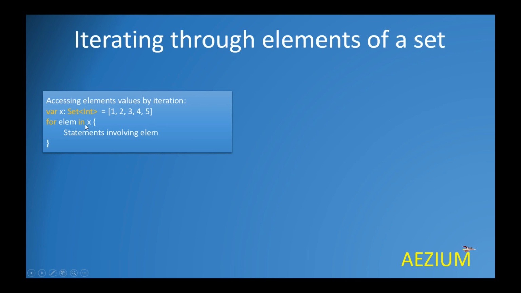What the for-in loop does here is it takes x, and x generates the elements of the contents of x, and assigns those one by one to this temporary variable that I'm calling lm, short for element, and those values then are used in the body of the for loop.